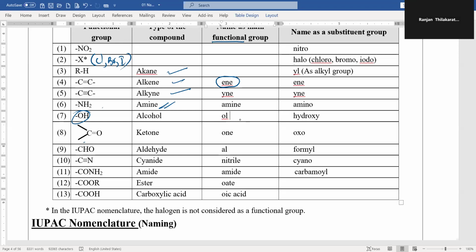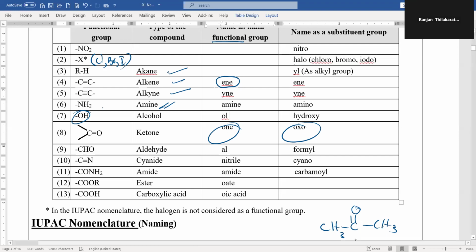Then these kind of compounds are known as ketone. Ketones are named by adding the suffix one to that. Say you have a ketone. The simplest ketone contains 3 carbon, because to be a ketone, there must be carbon atoms attached to the carbon having this oxygen attached.